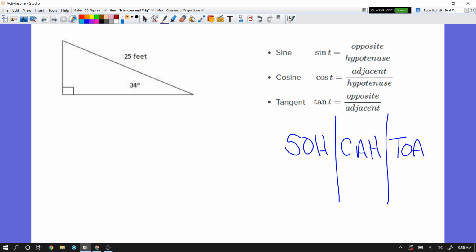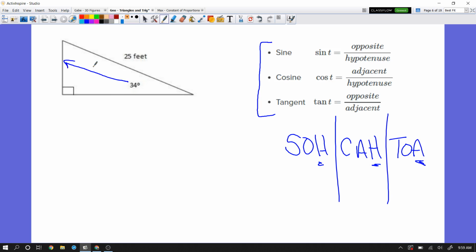Okay, so what we want to do is look for the last one, and that's going to set up our ratio. We're given an angle and a side, which means that we are not using inverse. We are using sine, cosine, and tangent. It looks like you're given the hypotenuse, and depending on what you want to find, do you want to find the opposite or the adjacent? Let's go with opposite.